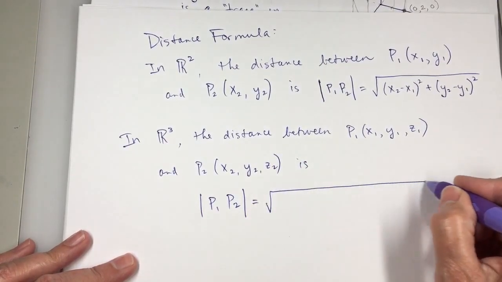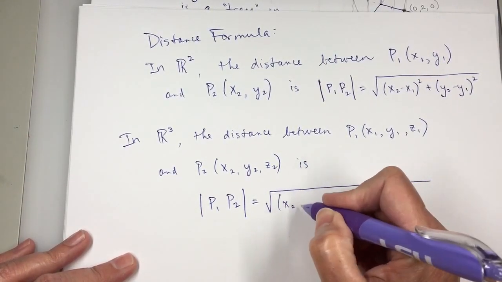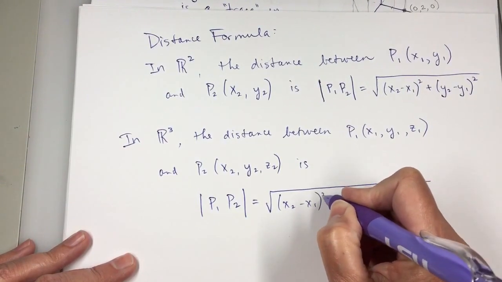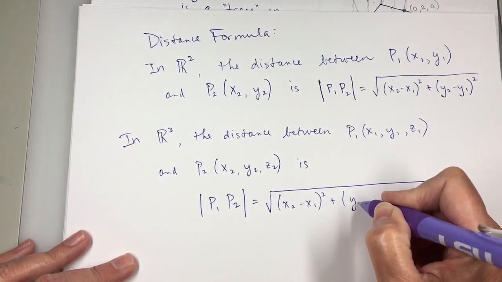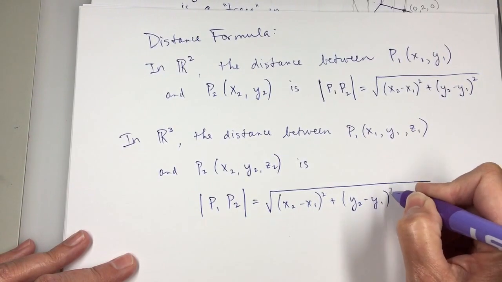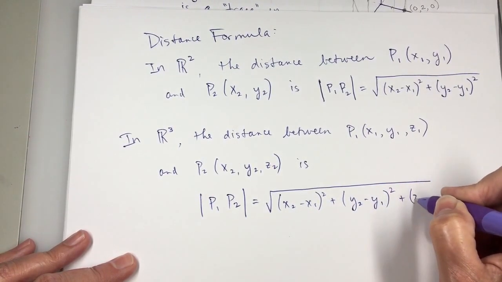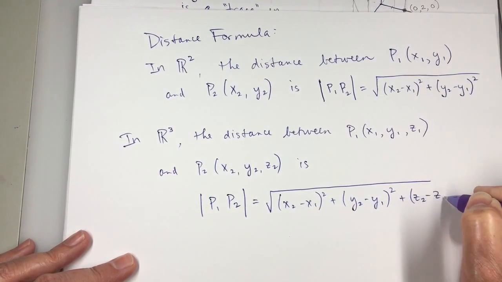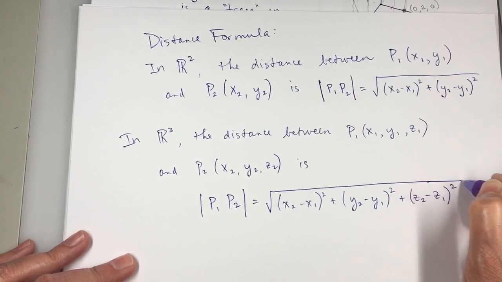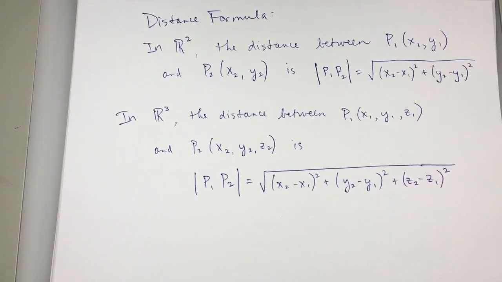It's the square root of x sub 2 minus x sub 1 squared plus y sub 2 minus y sub 1 squared plus z sub 2 minus z sub 1 squared. The proof of that really uses the Pythagorean theorem applied 2 or 3 times.